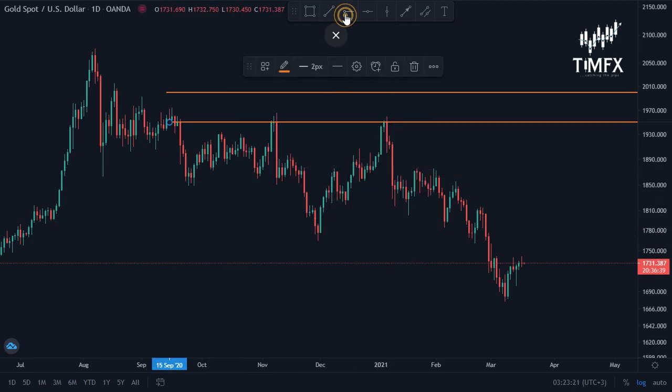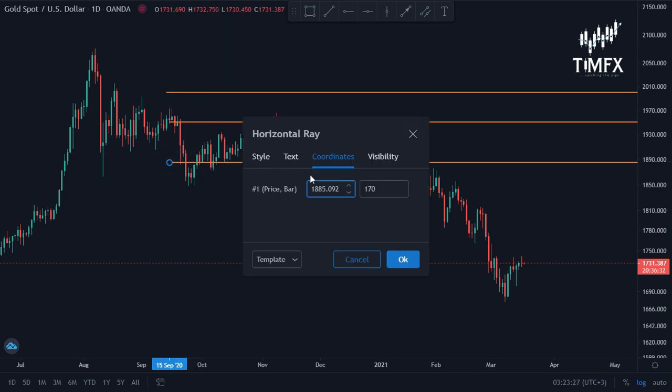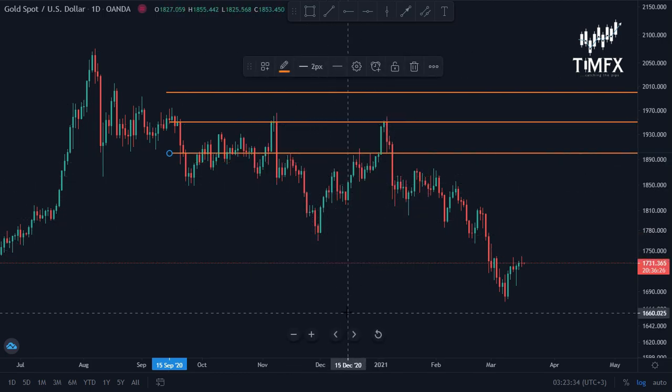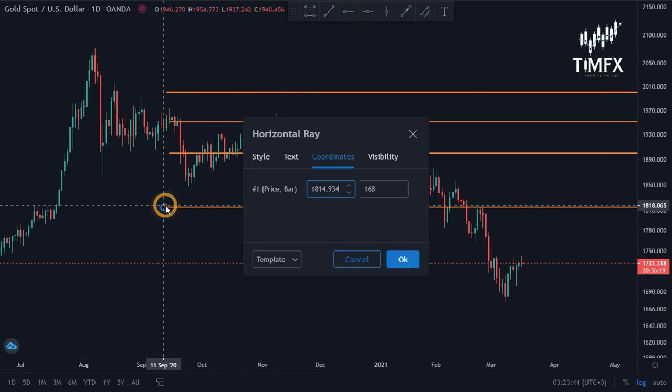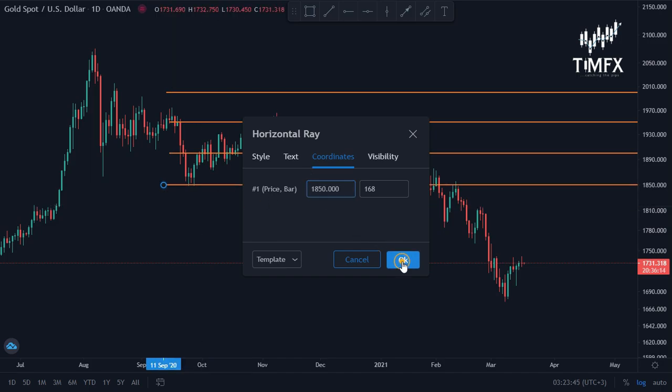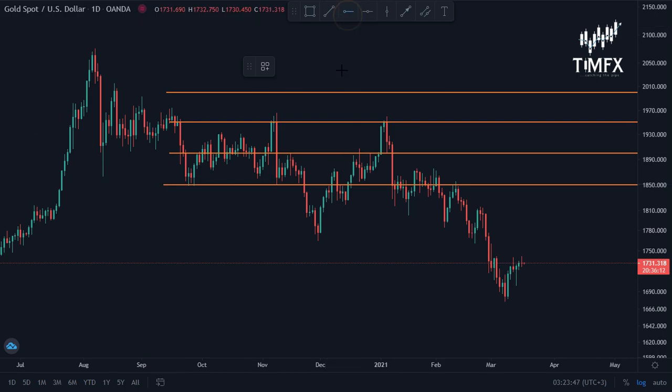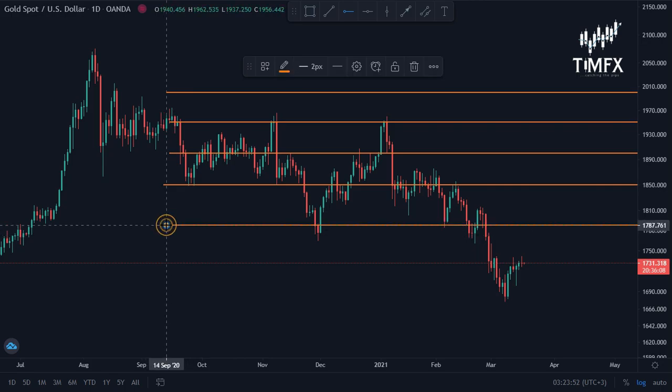Okay, let's take another one to be 1900. We're going to do it up to this price point here. So 1900, this one will be 1850. We're going to go to a smaller time frame, which is 4 hour and 1 hour.